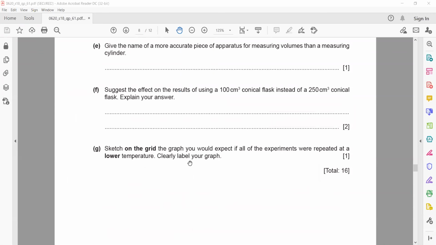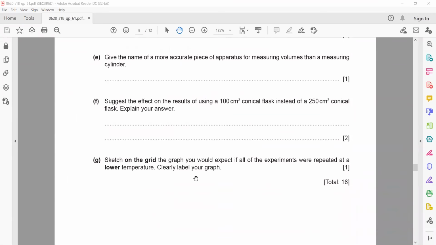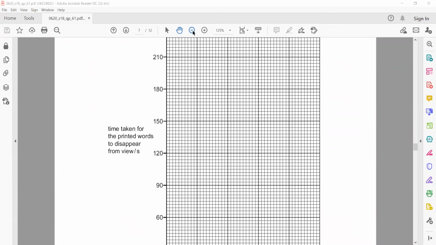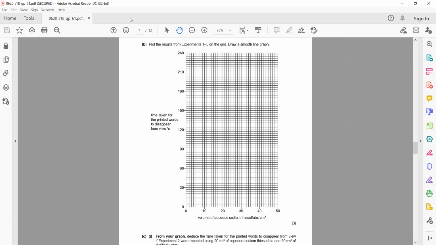Sketch on a grid the graph you would expect if all experiments were repeated at a lower temperature. So for example, if this was your initial graph, it will take more time, but the shape of the graph will be identical.